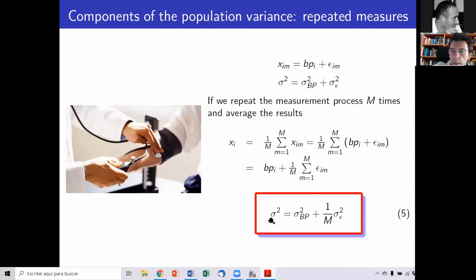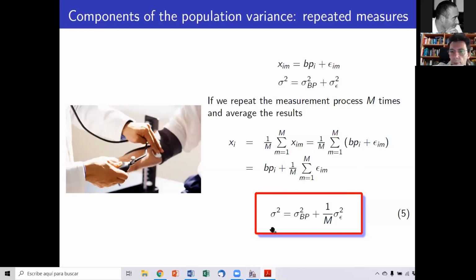And actually, that is translated in terms of variance, the variance of my new observations, but now my observations are the averages of my M observations. So I measure the blood pressure 10 times, and then my estimate for a particular individual is the average of these 10 measurements.